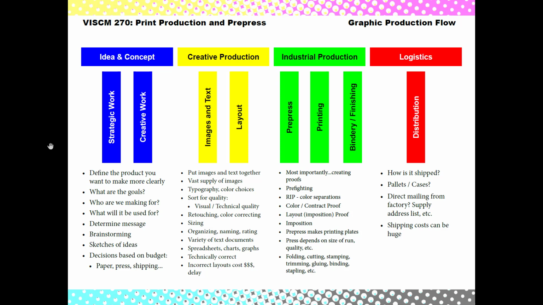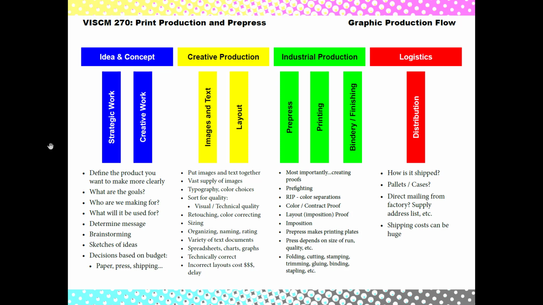A list of names and addresses. And so this is something to consider. It doesn't really affect your design as much, but it does affect the total cost of the job. And we'll talk about that next week in quoting and working with the print sales about how the cost of the job is calculated.